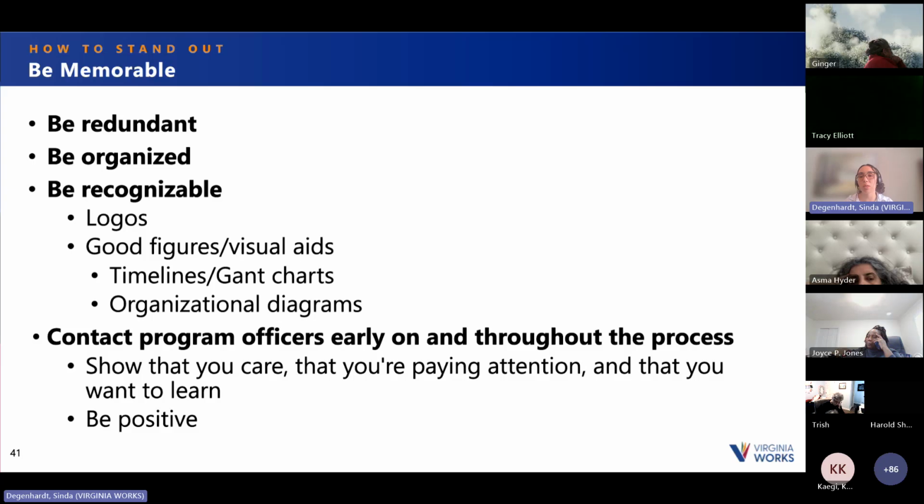Let them know that you've submitted your application and that you are excitedly waiting to hear from them. Thank them for the opportunity to learn from them and to apply to the program. All of these little points of contact really help make you and your application more memorable. And it shows you in a more positive light.